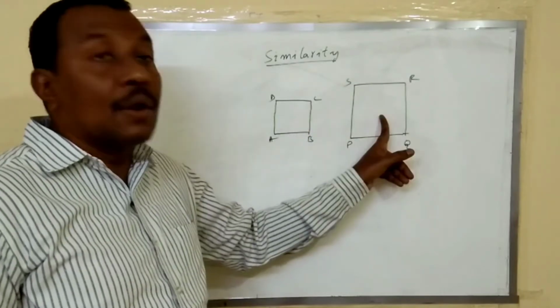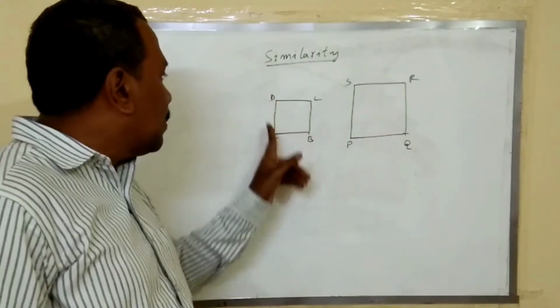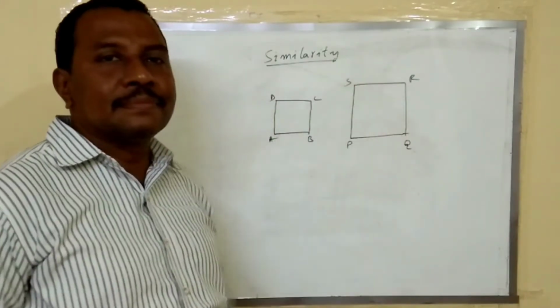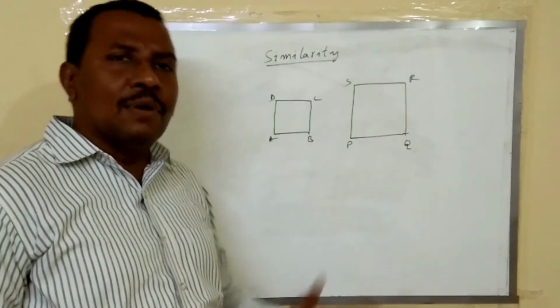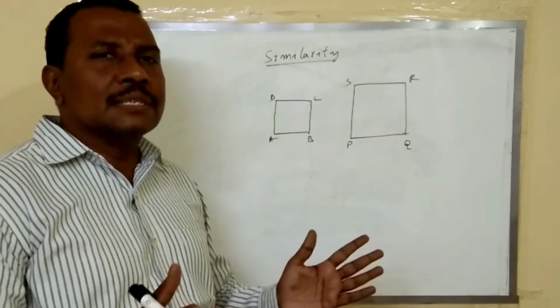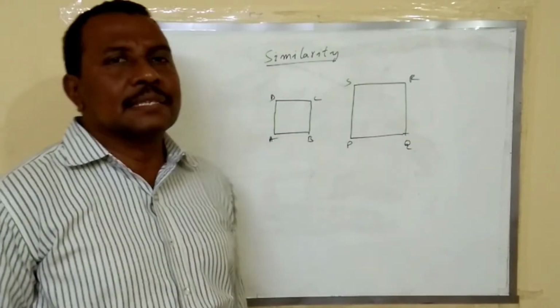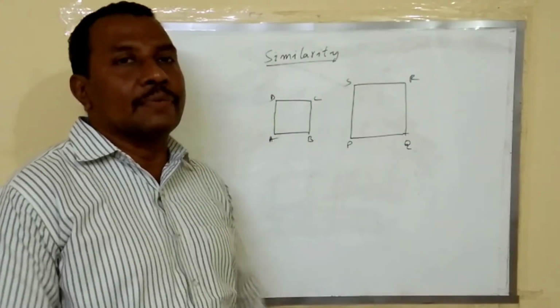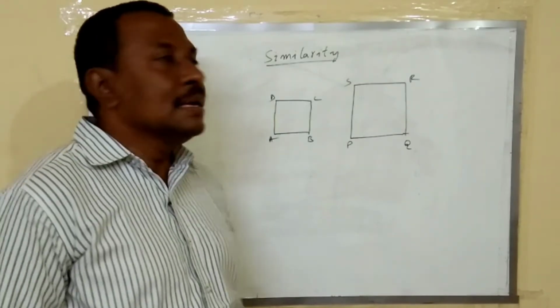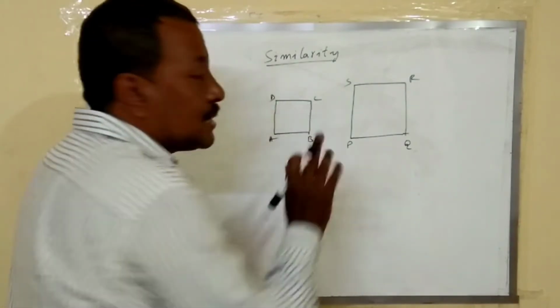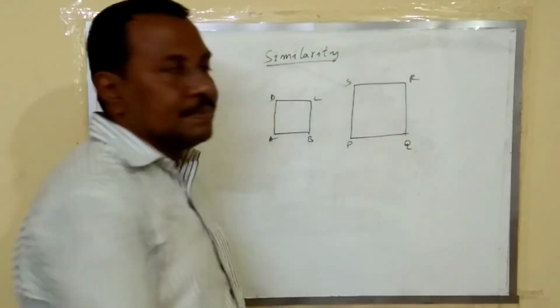The sizes are not equal. This is the smaller one and this is the bigger one. All squares are equal in their shapes, but the sizes are not equal. So this is a smaller figure and this is a greater figure.